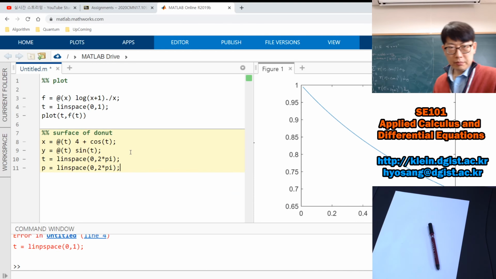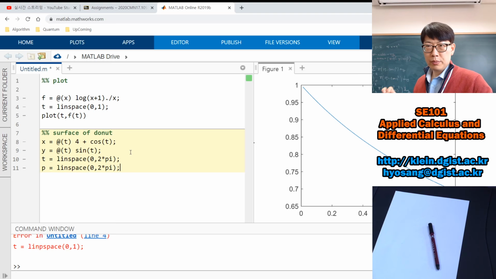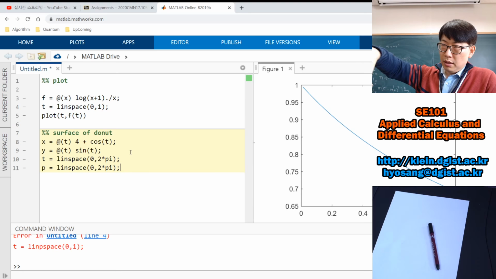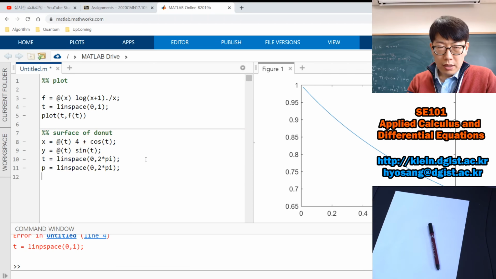But the roles of these two variables are different. One is for rotating the point inside the circle, and the other is rotating the point along the y-axis. And then I have to make a mesh grid.